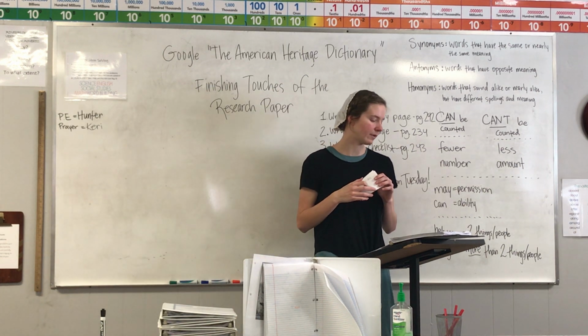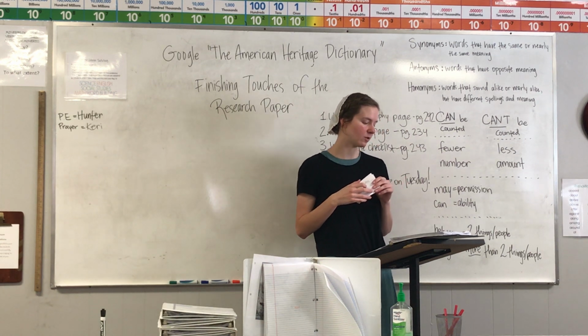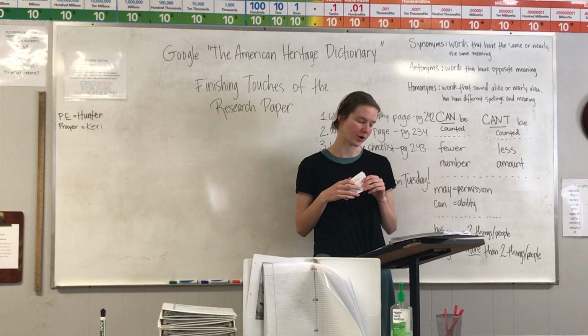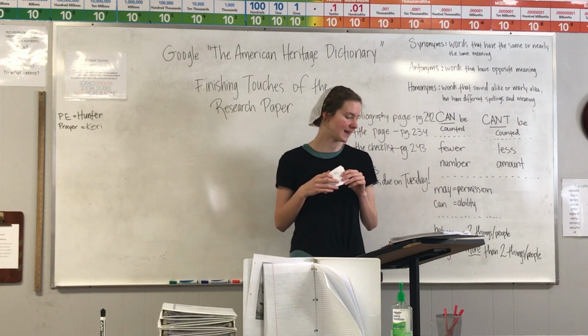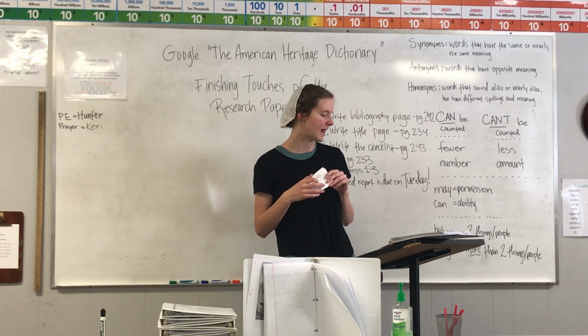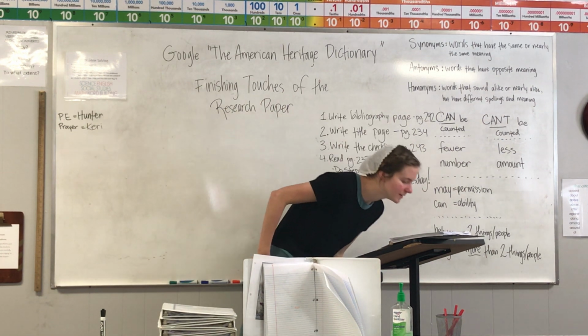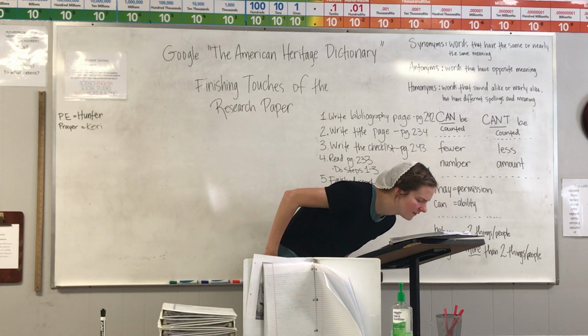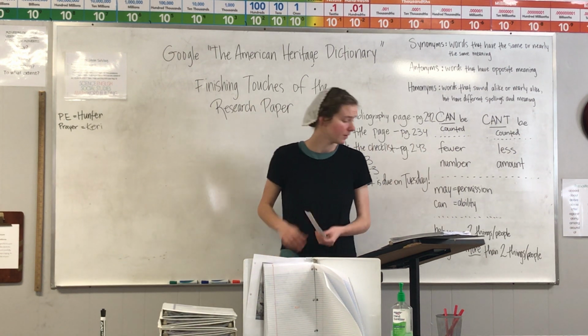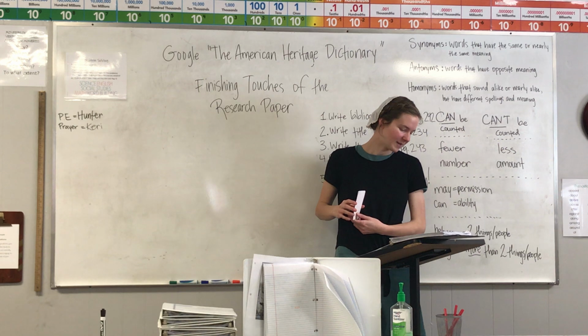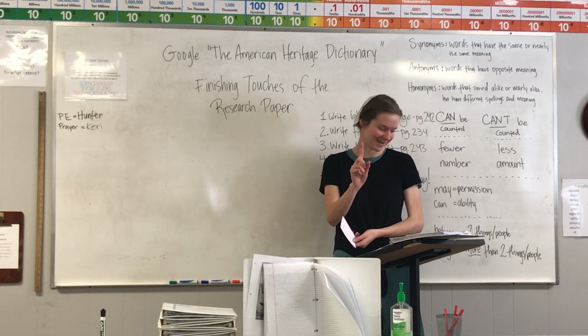Number 3, arrange your bibliography cards in alphabetical order according to the first word of the card. This is usually the author's last name or the first word of the title. When alphabetizing, that is a hard word, okay. When alphabetizing, I'm pretty sure I'm not saying that right.